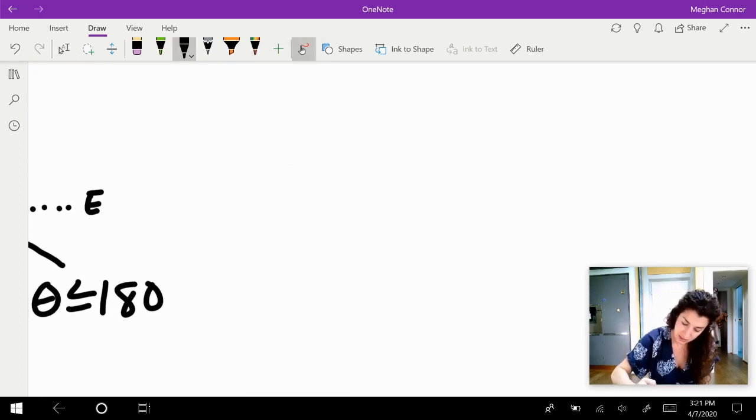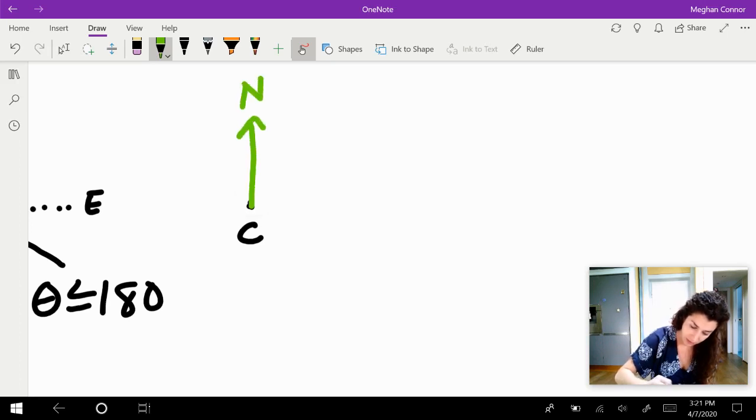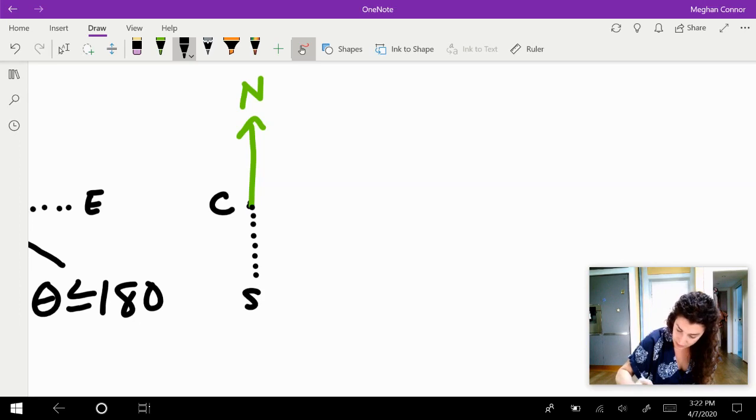So this is our third example. We'll call it C this way. This is due south. This is due east.